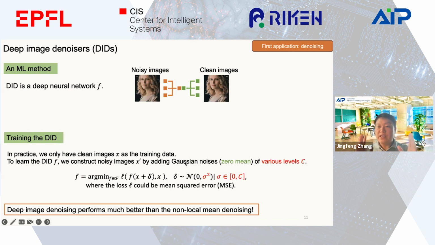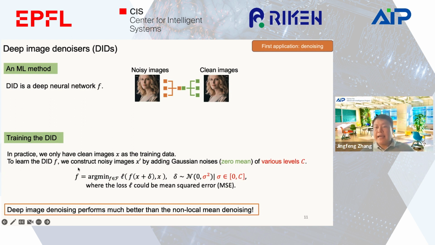Now, we go to the machine learning time, and we need to learn a good image denoiser. Specifically, the image denoiser is denoted as a deep neural network, taking input the noisy images and giving output a clean image.